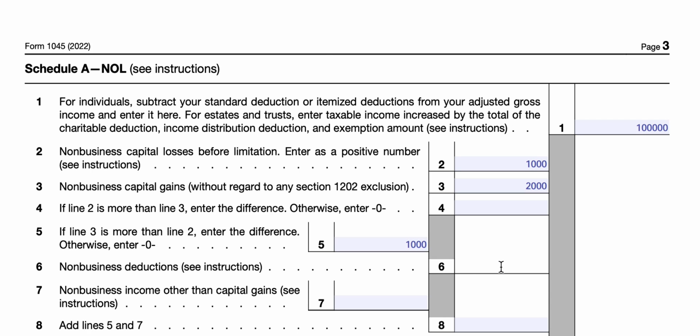For line 6, you have a series of non-business deductions that you may add that are not related to a business entity. This is directly from the form instructions.